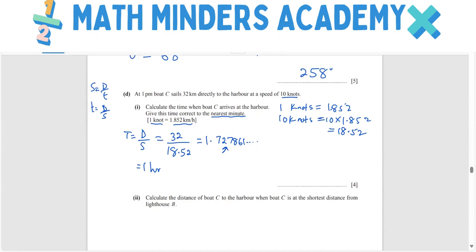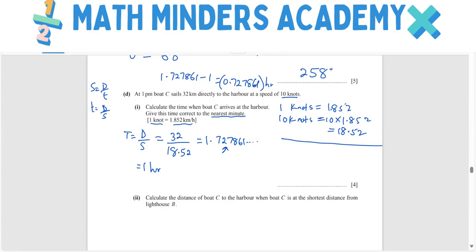If you remove 1 hour, 1.727861 minus 1, you are going to get 0.727861 hour. So convert it to minutes by multiplying by 60.